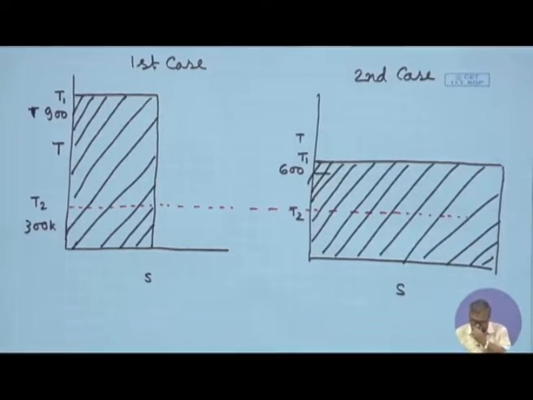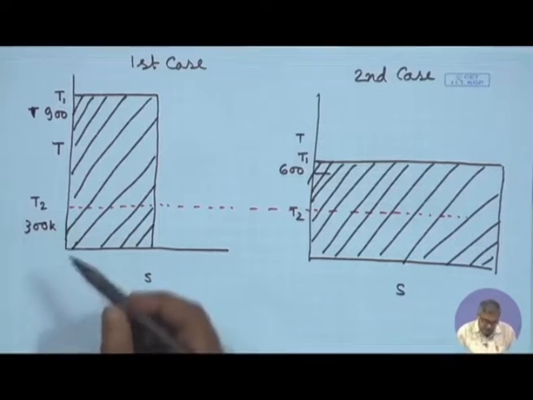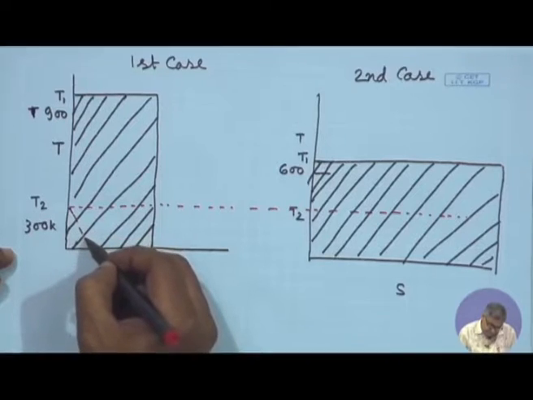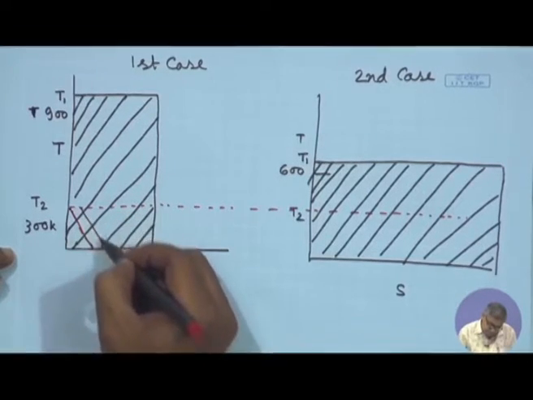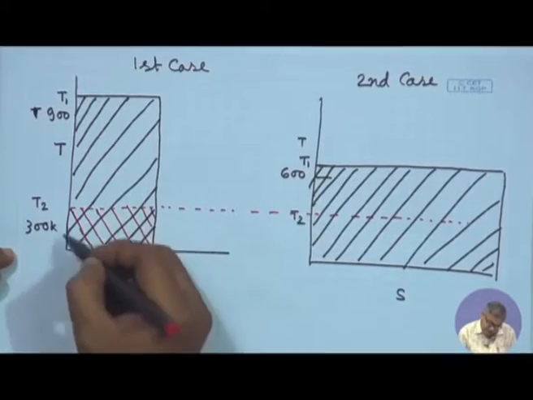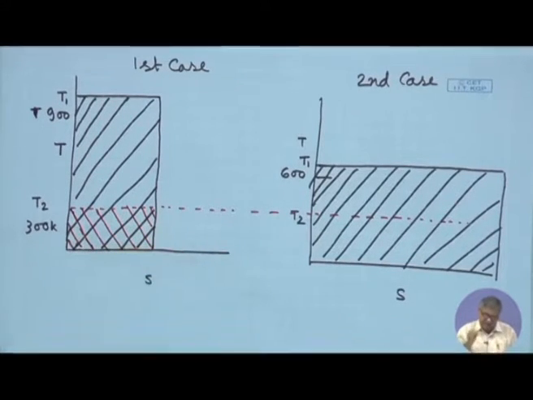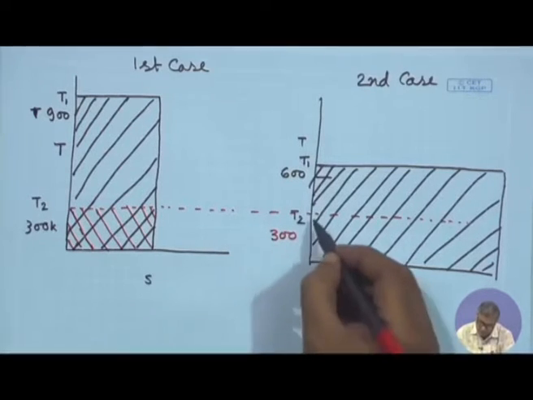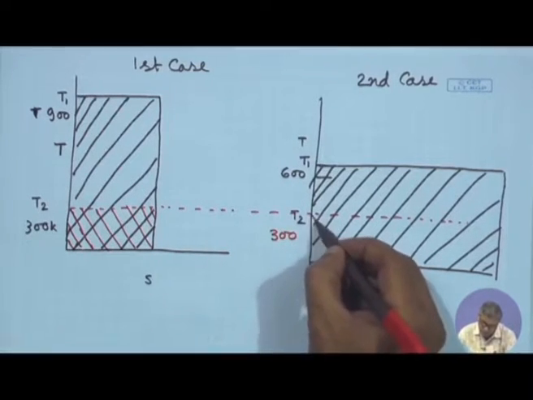In the first case, heat will be rejected at 300 Kelvin, and let us say this is represented by this hatching. In the second case also it is 300 Kelvin.